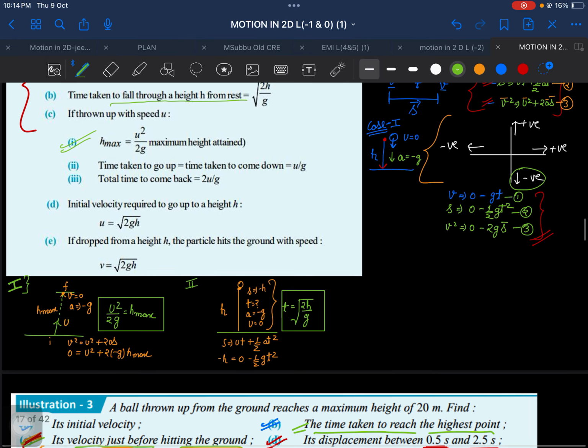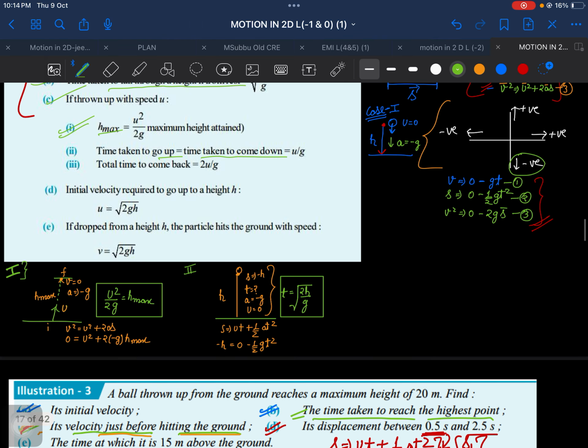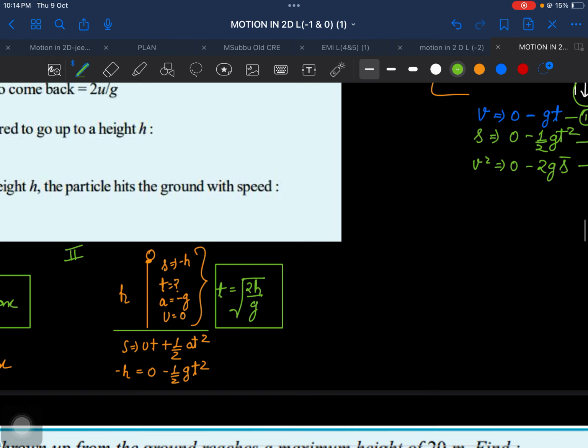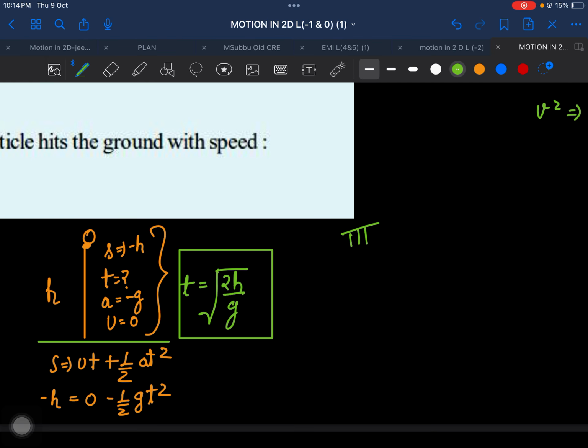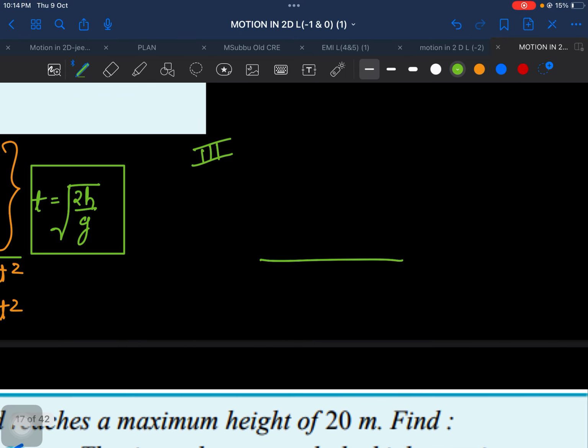Now, this is what we have done. If the ball is thrown up, then you can find the maximum height. Time taken to go up is equal to time taken to come down. Now the third case: suppose this is your floor and you throw a ball in the upward direction.